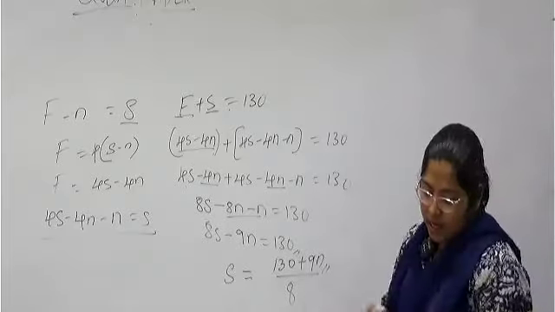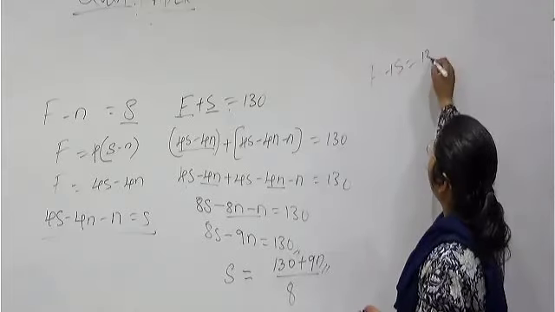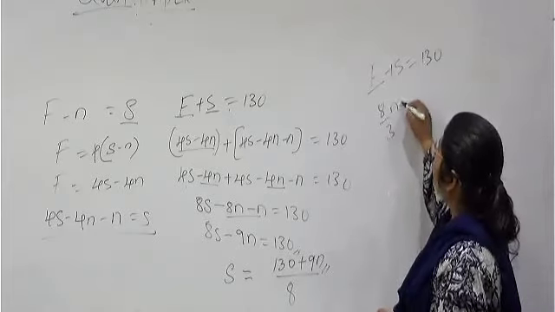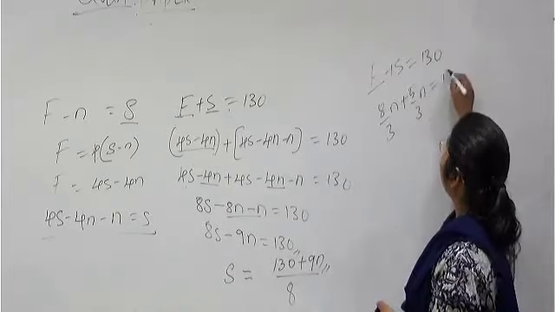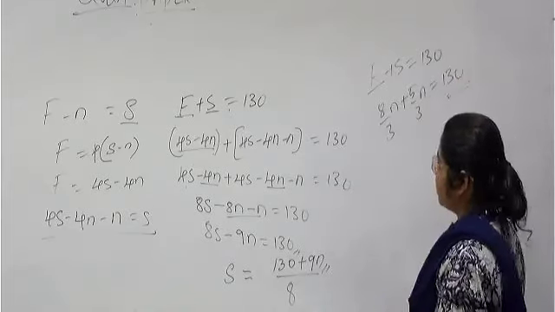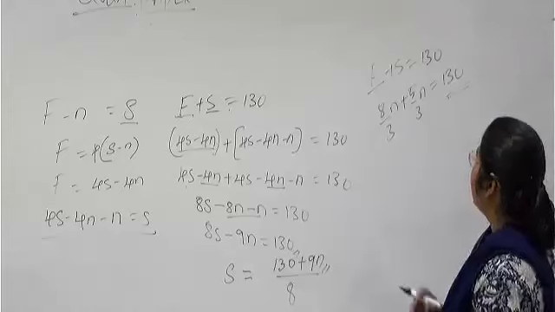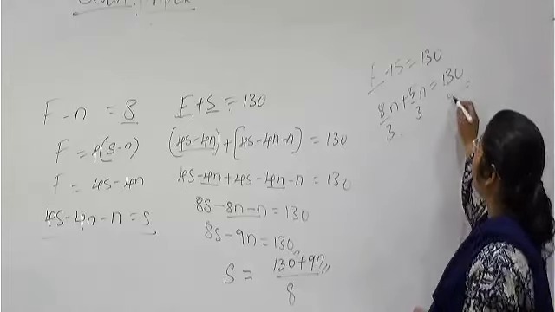F plus S, you get the n value like this also. F plus S is equal to 130, and F is what? 8 by 3n, plus S is 5 by 3n, is equal to 130. Can I write like this? 5 by 3n plus 8 by 3n is 13 by 3n.